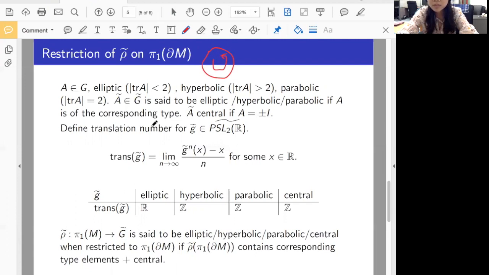A hyperbolic matrix has absolute value of trace greater than 2, and it acts on S1 with 2 fixed points. And a parabolic matrix has absolute value of trace equal to 2, and it acts on S1 with only 1 fixed point.